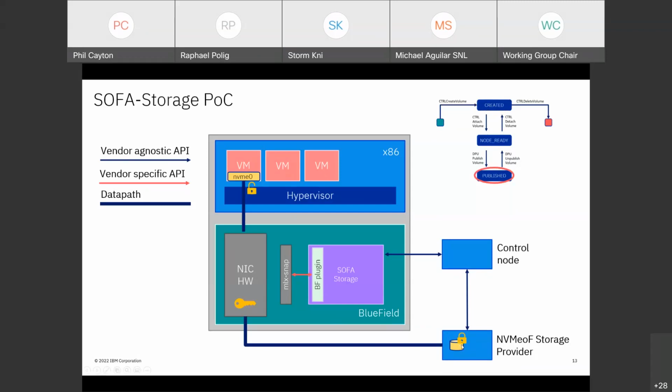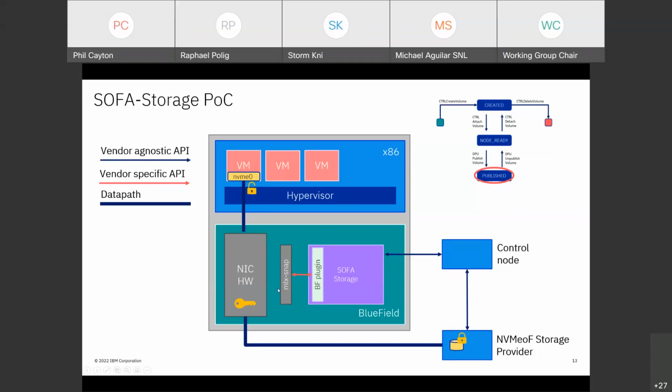So we now have the volume on the storage provider being an encrypted volume. It is going through the NIC's hardware, where the key or the secret is maintained to decrypt the volume data, and so the VM has direct access to the unencrypted device, or volume, that has been exposed to it.